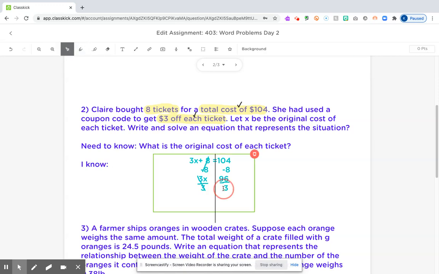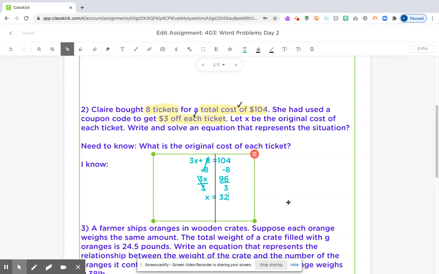Okay? So now I'm going to go back down here. That leaves me with x is equal to, and 96 divided by 3 is 32. Okay, so your answer, the original cost of each ticket is $32.